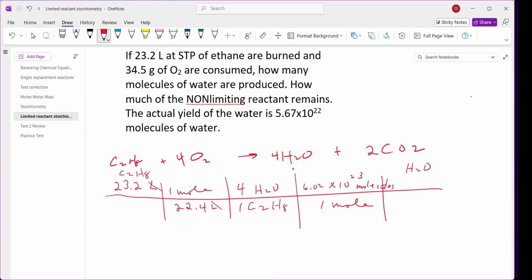Let me grind this out. So that's 2.49 times 10 to the 24th.